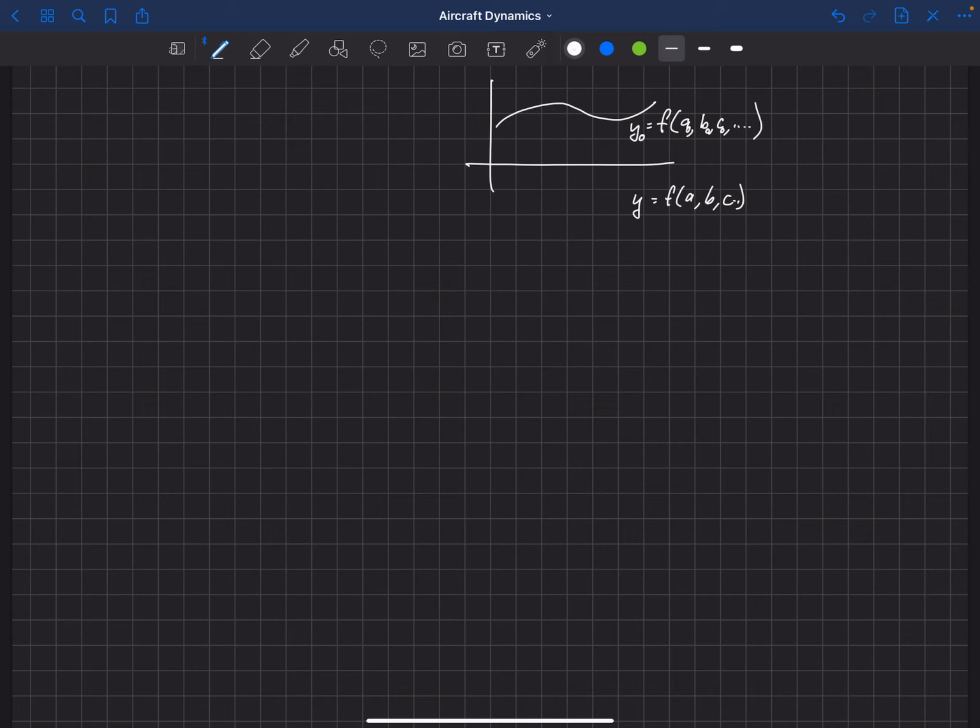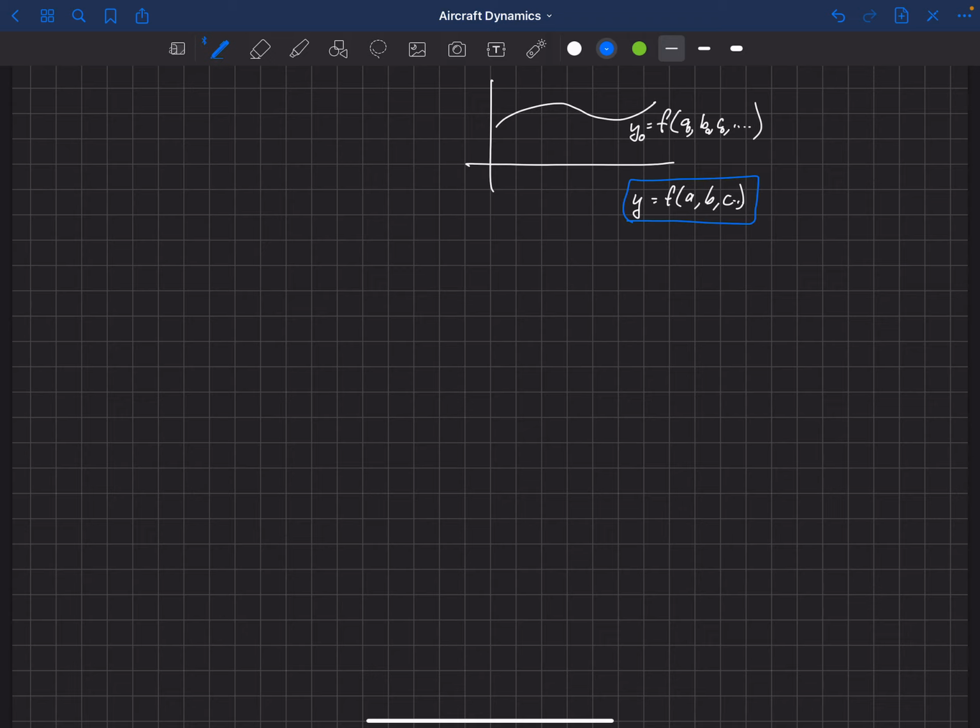and more parameters there, the general solution we can estimate by knowing a known solution and then adding some perturbation or some small disturbance to that known solution. So let's say that this is the general solution here, and it's a function of all those things.